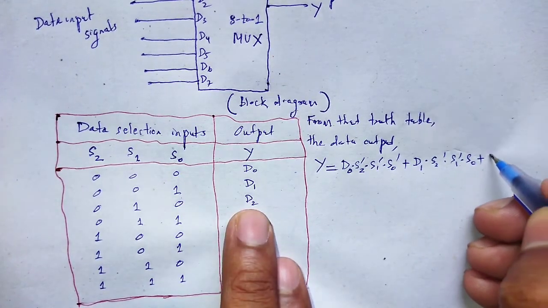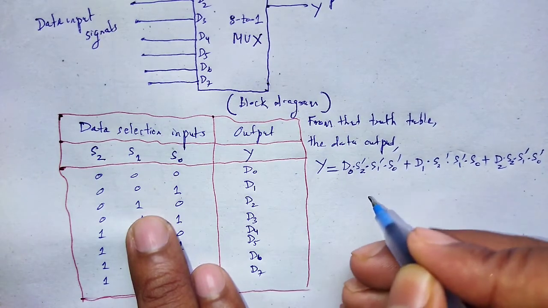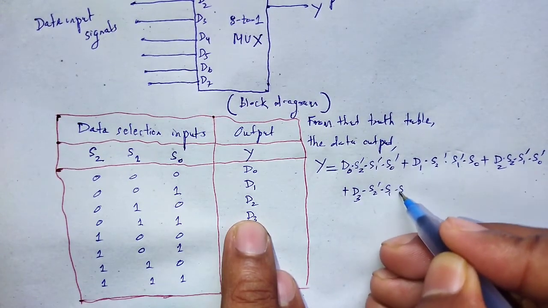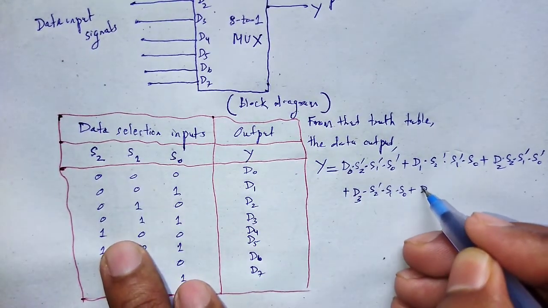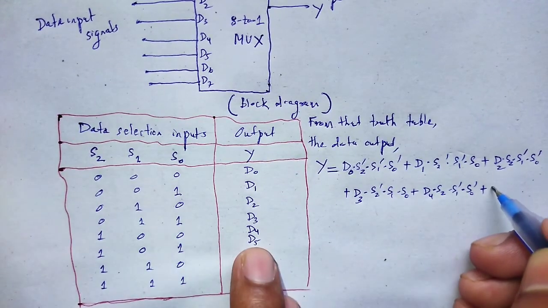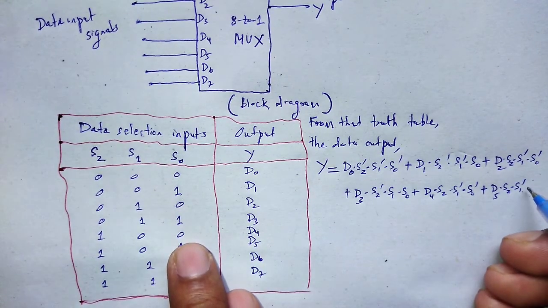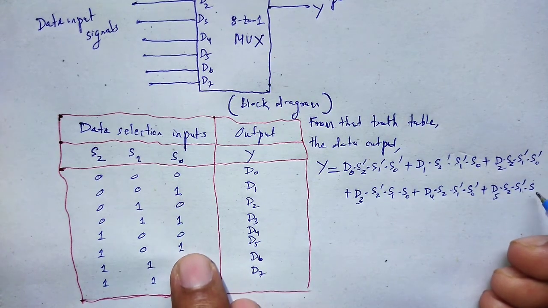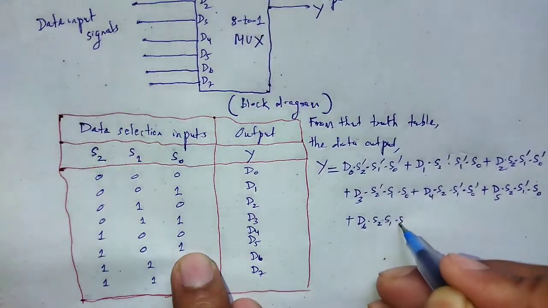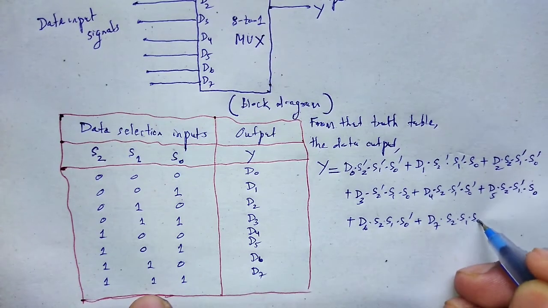plus D2 as S2, S1 dash, S0 dash, plus D3 as S2 dash, S1, S0, plus D4 S2, S1 dash, S0 dash, plus D5 S2, S1 dash, S0, plus D6 S2 S1 S0 dash, plus D7 S2 S1 S0, all three are unprimed.